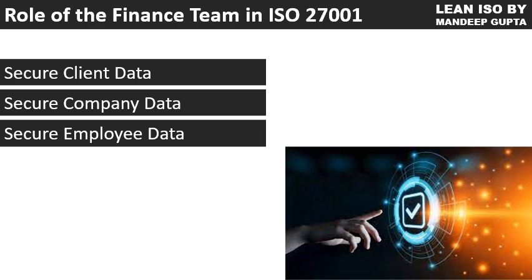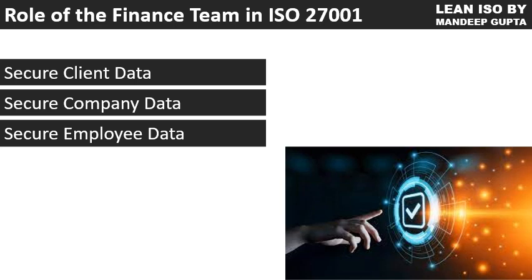So there are majorly three types of data which they deal with, which is actually 100% data which they deal with. One is client data. Second one is the company internal data or external data. It could be anything. It could be deals. It could be the tenders they have filled.